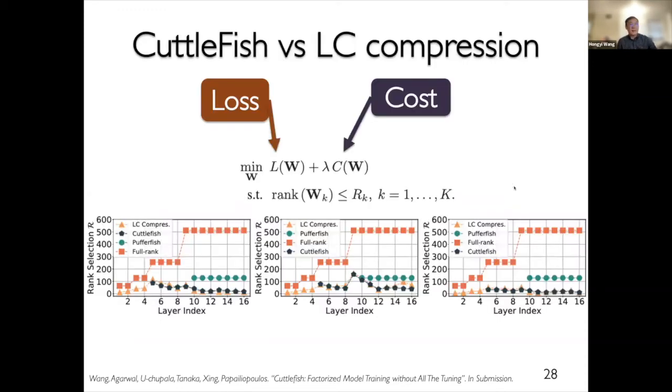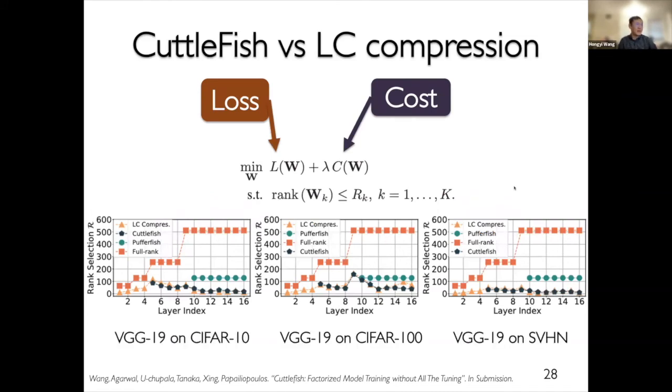And it turns out the interesting thing is that the rank can actually be solved explicitly if we don't care about the training speed. Here's the work from CVPR last year. It's called LC compression, which is the orange line here.